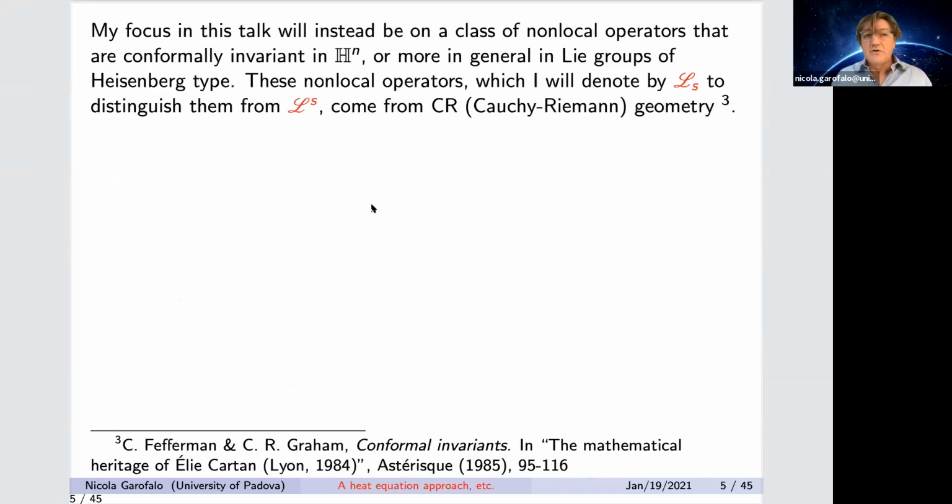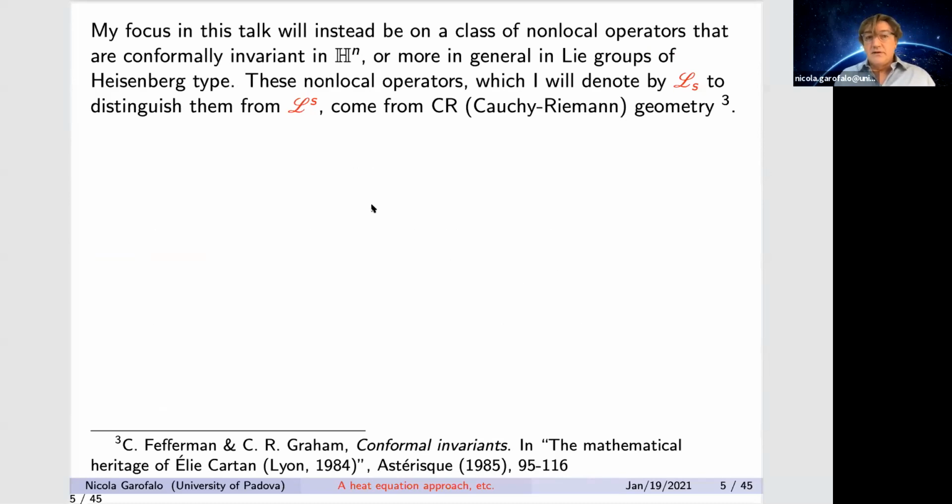My focus in this talk will instead be on a class of non-local operators which are conformally invariant in H^n, or more in general in Lie groups of Heisenberg type. And again, don't get scared by the language. This is an important class of Lie groups which are modeled on the Heisenberg group, and they arise in many questions in geometry.